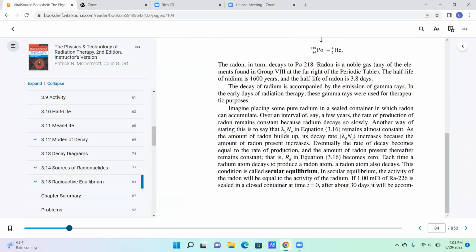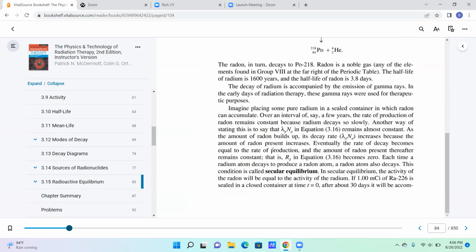Another way of stating this is that lambda sub p times n sub p in equation 3.16 remains almost constant. As the amount of radon builds up, its decay rate increases because of the amount of radon present. And eventually, the rate of decay becomes equal to the rate of production, and the amount of radon present is now constant.